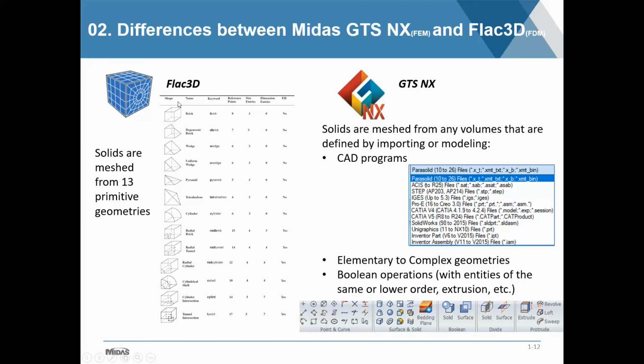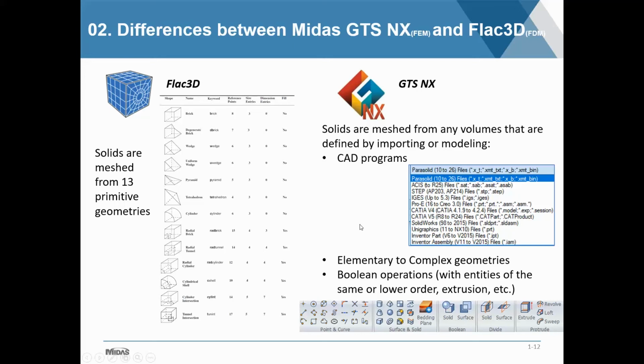So it has to have a combination of one of these shapes to eventually get your full model. Whereas with Midas GTS NX, you can mesh any solid, any volume that you like, and you can create this either by importing from CAD programs. We see here a list of the formats that the program can import. So all the main AutoCAD files, 3D can be brought into Midas for meshing.